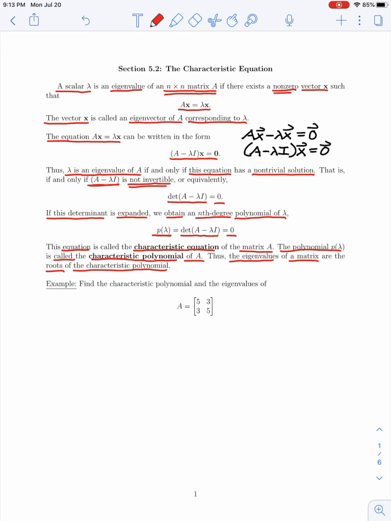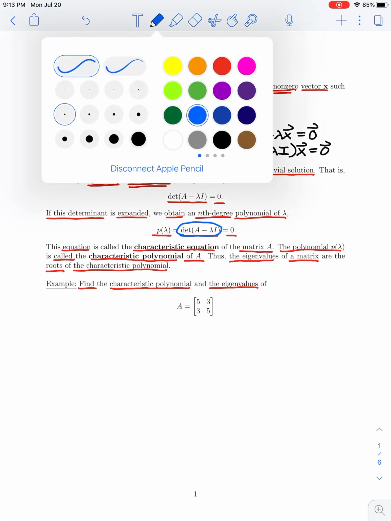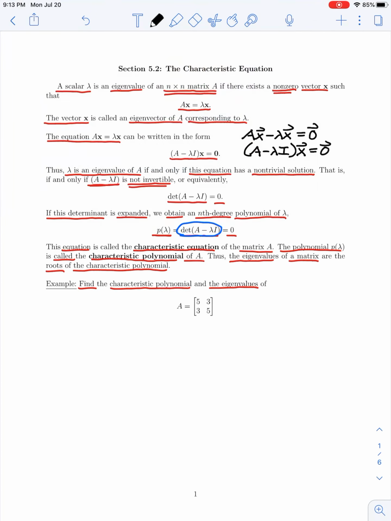In our first one, we're told to find the characteristic polynomial and the eigenvalues of this 2 by 2 matrix A. Recall our characteristic polynomial is the polynomial defined as the determinant of A minus lambda times the identity matrix. As we saw in the last section, lambda times the identity matrix, for a 2 by 2 matrix, is lambda times the matrix 1, 0, 0, 1.